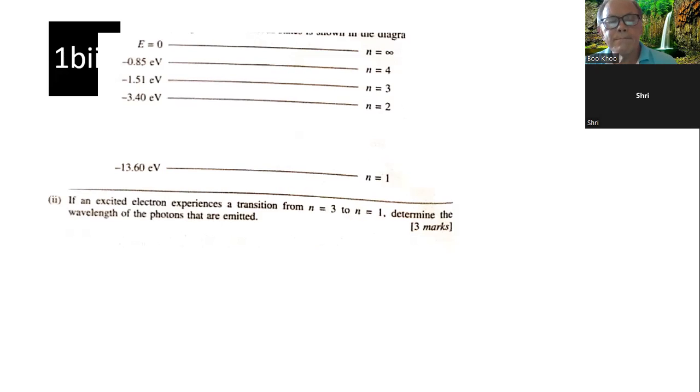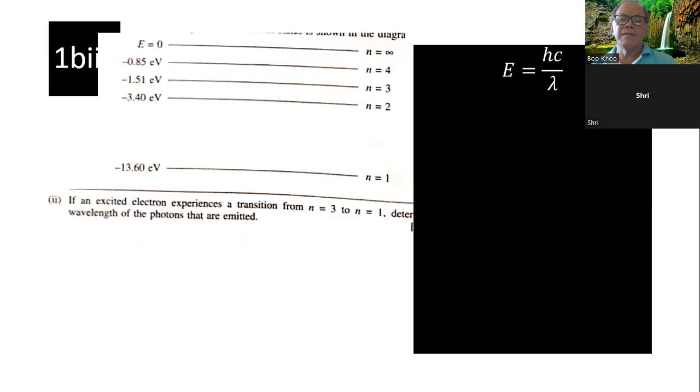E3 minus E1 equals hf. Right? Convert your frequency to wavelength.